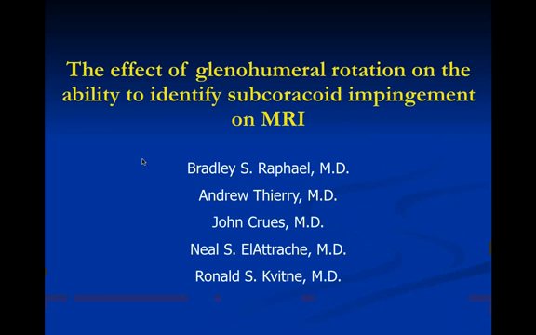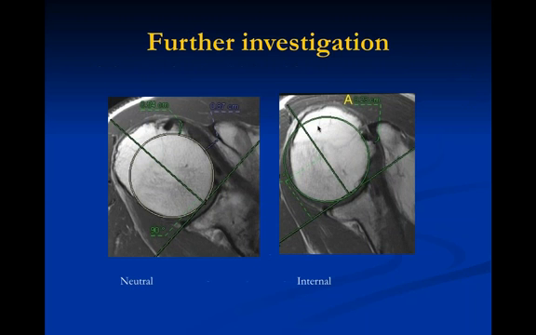So now let's talk a little bit about what Deshali talked about. So we did a study looking at the effects of glenohumeral rotation on coracoid impingement that we published a couple of years ago. But what we can see, we looked at patients where we positioned them in external rotation, neutral position, and internal rotation.